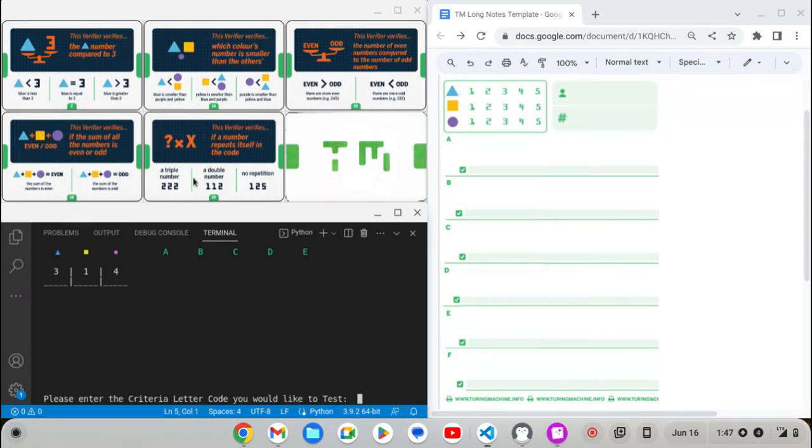Remember, our objective today is to find this one unique 3-digit code that abides by all the criteria cards we've just discussed.